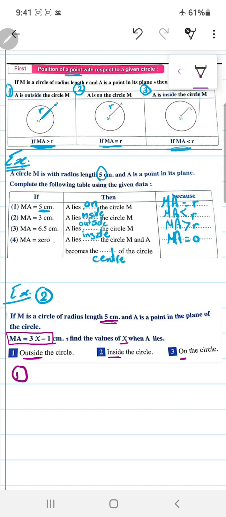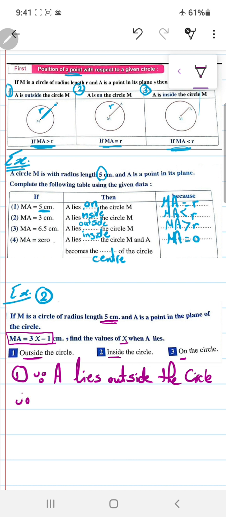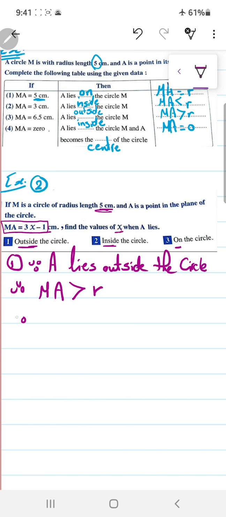First, if A lies outside the circle, we have the rule MA greater than the radius. By substitution, MA is 3x minus 1, so 3x minus 1 is greater than 5, since the radius equals 5, and it's an inequality.